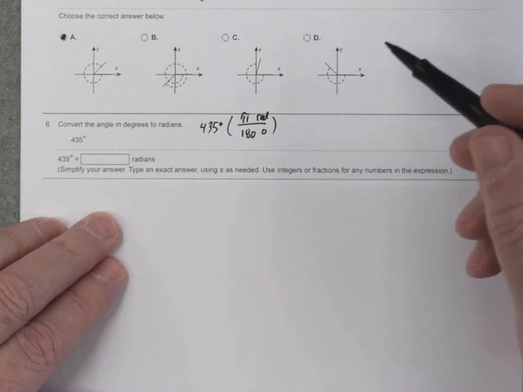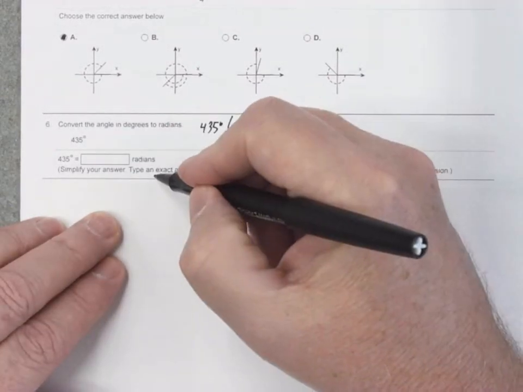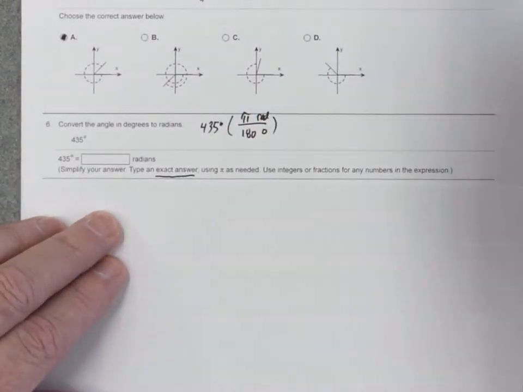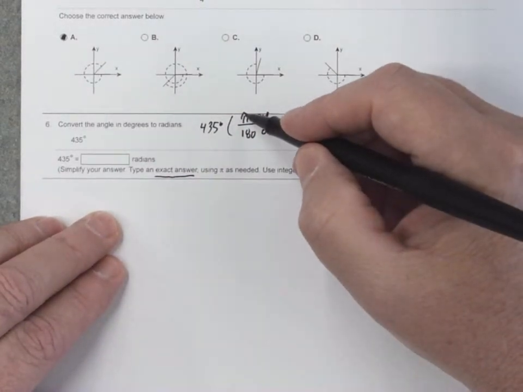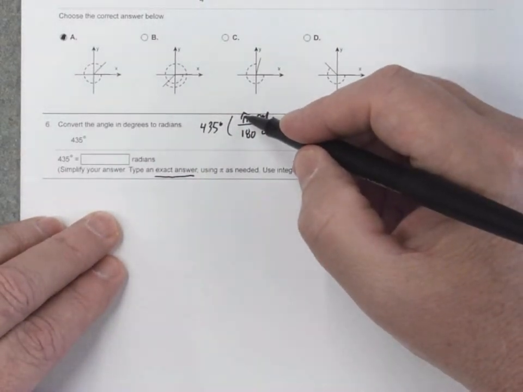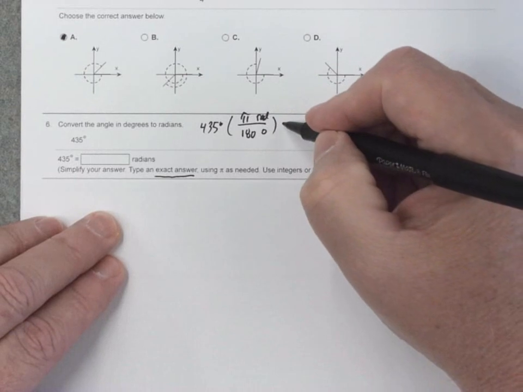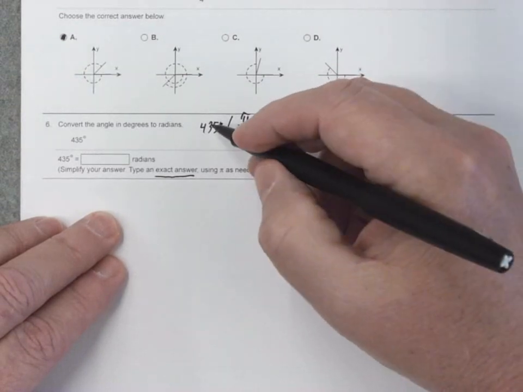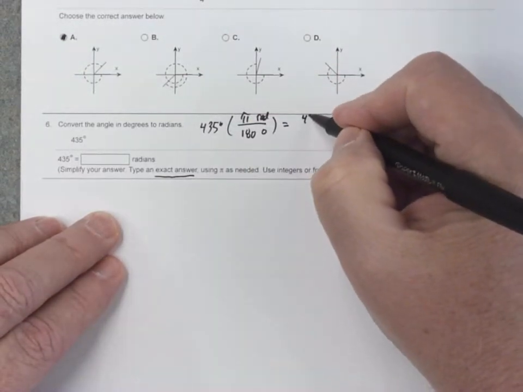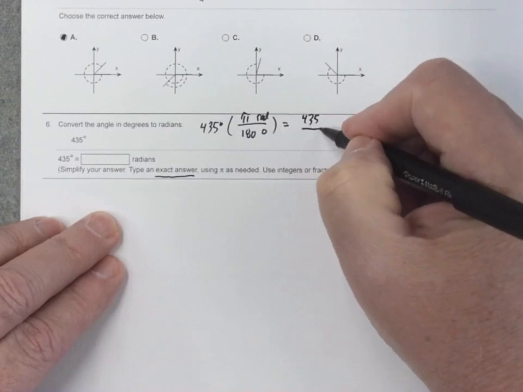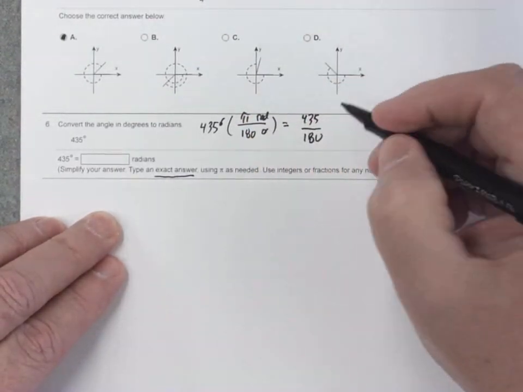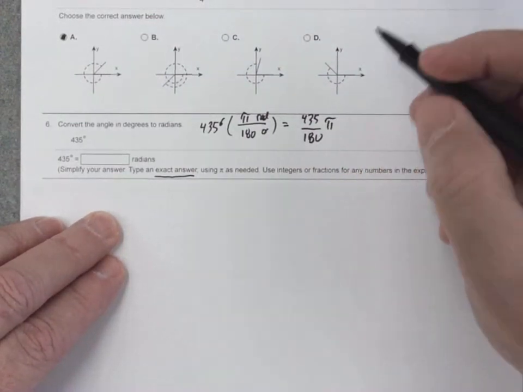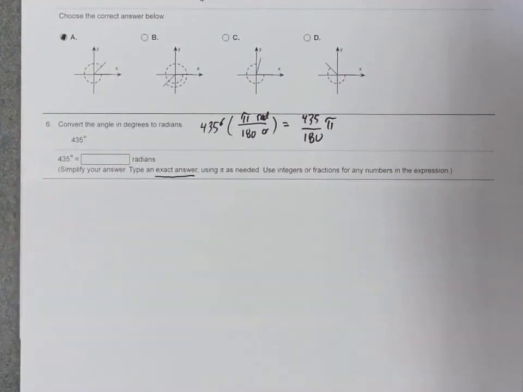Now you notice most of these problems want an exact answer. That means pi is going to be in my answer. I'm not going to plug in a number for pi. So this becomes a problem of 435 over 180, the degrees cancel out, times pi. I need to reduce this fraction, and that's going to be my answer.